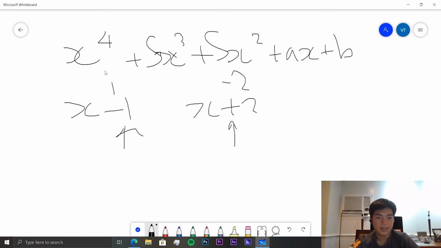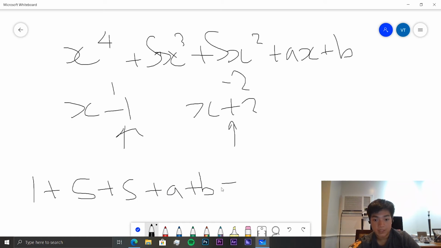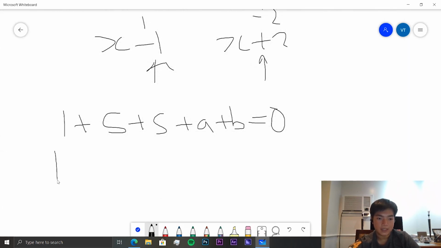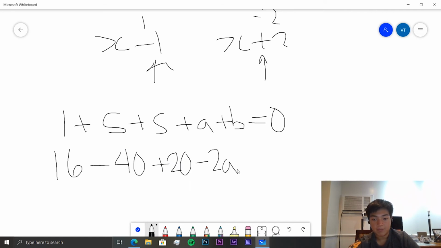So what do we know from that? Well, we know that 1 plus 5 plus 5 plus a plus b is equal to 0. And we also know that negative 2 to the 4 is 16, minus 5 times 8, 40, plus 5 times 4, 20, minus 2a plus b should also be equal to 0.